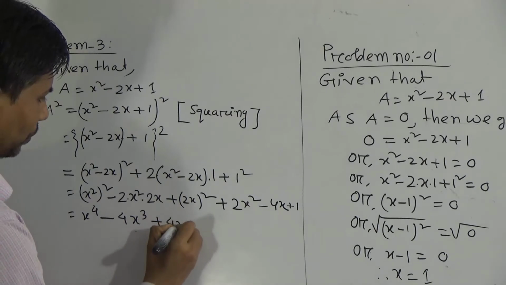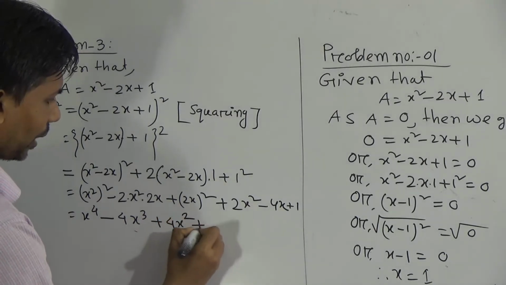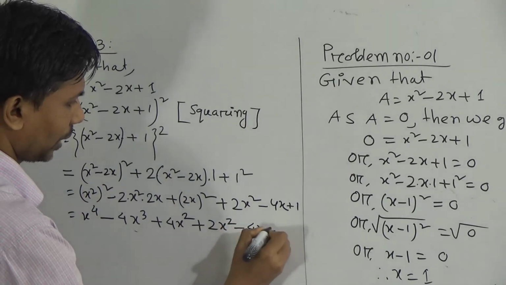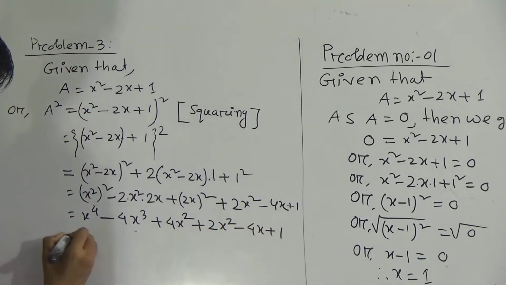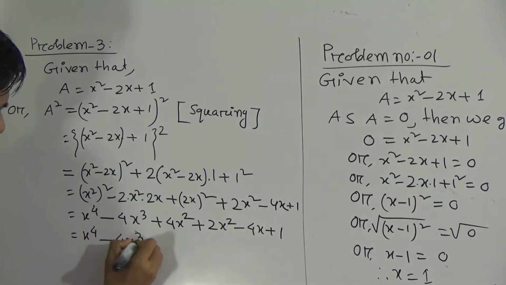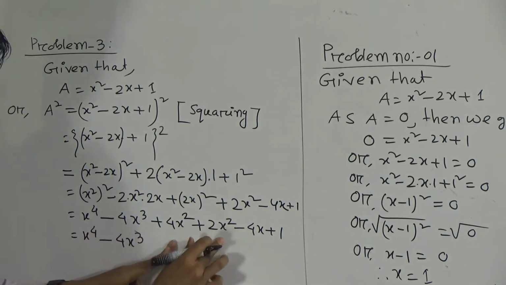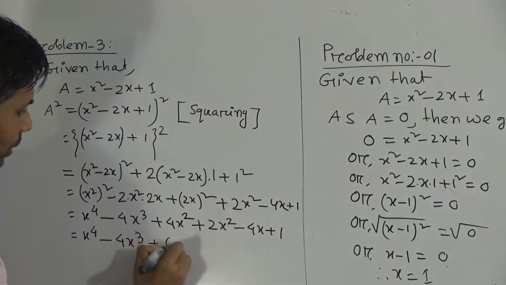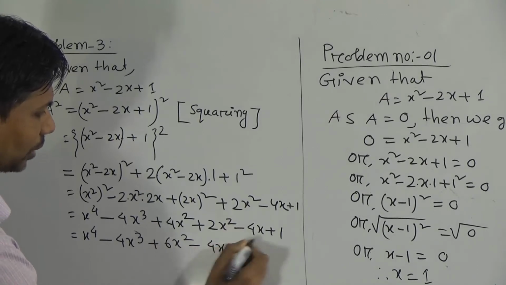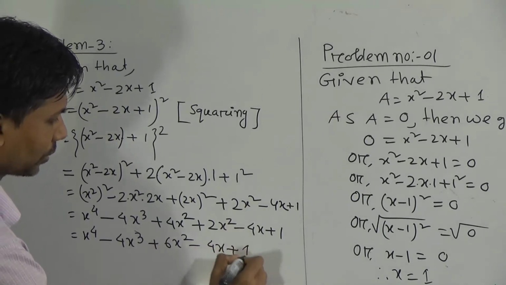Then 4x square plus 2x square minus 4x plus 1. This is equal to x power 4 minus 4x cube, 4x square plus 2x square equal to 6x square, minus 4x minus 4x plus 1 plus 1.